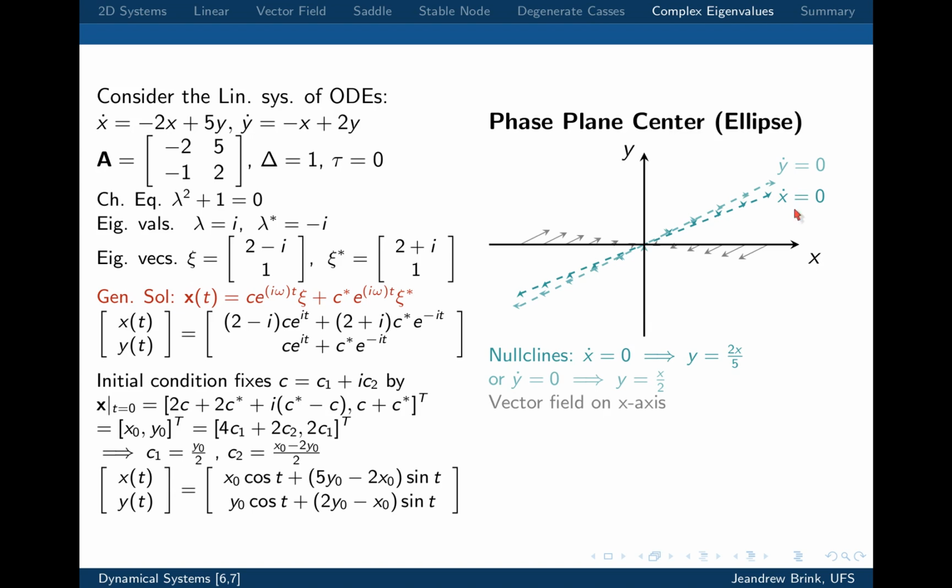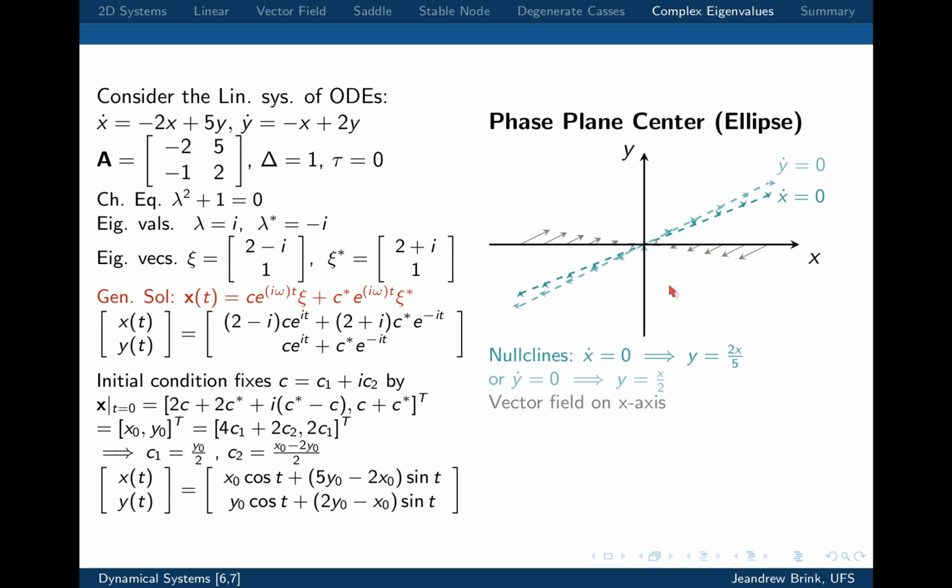Then the next thing I do, because I don't have real eigenvalues or eigenvectors, I actually go on the axes, because that's also an easy place to draw arrows in. I can immediately say, let me put y equals 0, then I can see x dot is like minus 2x, and y dot is like minus x, and then I can immediately see that when x is positive, they point that way, and when x is negative, they point that way.